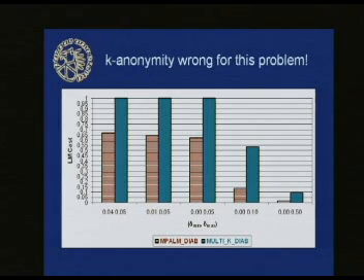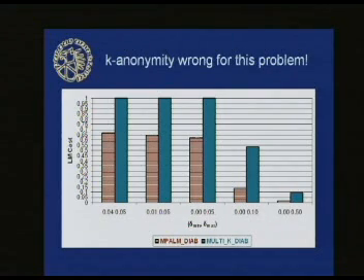And the vertical height corresponds to the amount of distortion in the database. Loss metric is, for those of you who've read the k-anonymity literature, it corresponds to how much you have to change the data, how much information you have removed from the data in order to anonymize it.